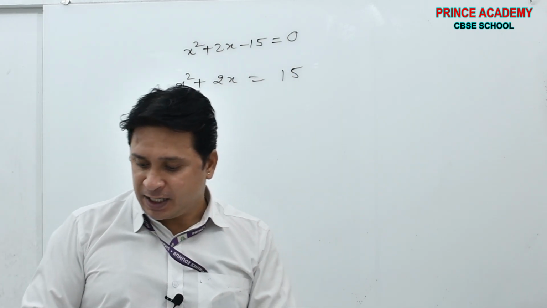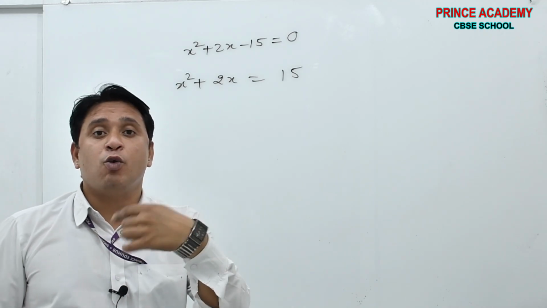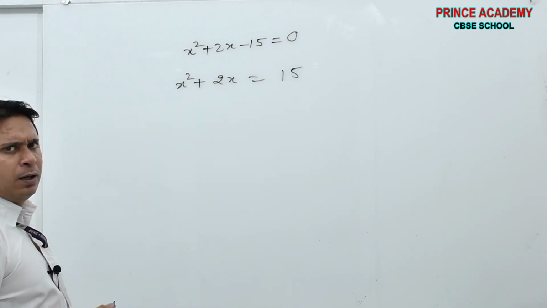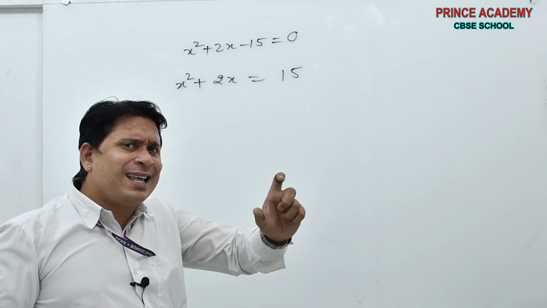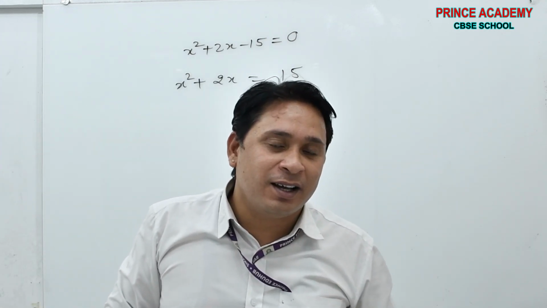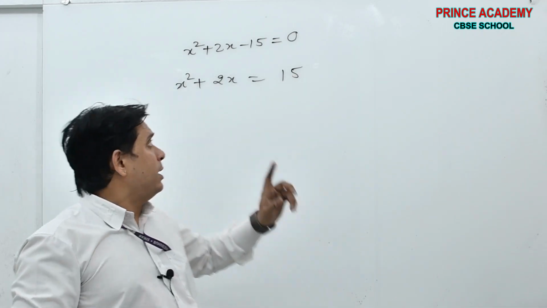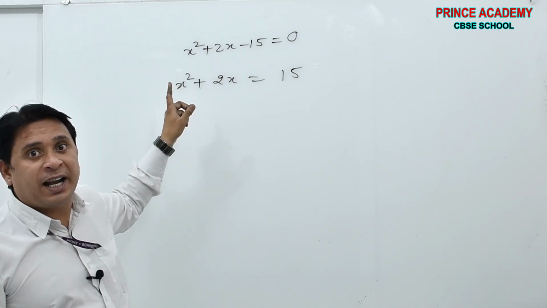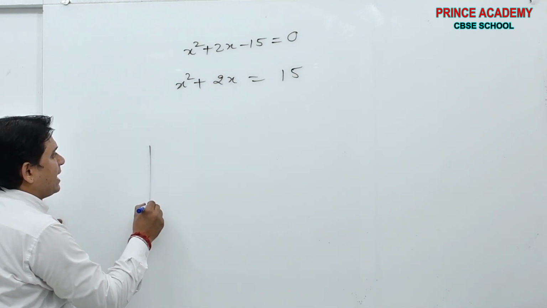What does it mean, see beta? Now see what it means. x square. Don't you think what is the area of a square? Side into side. Suppose this is the area of a square whose side is x. Can I imagine that?